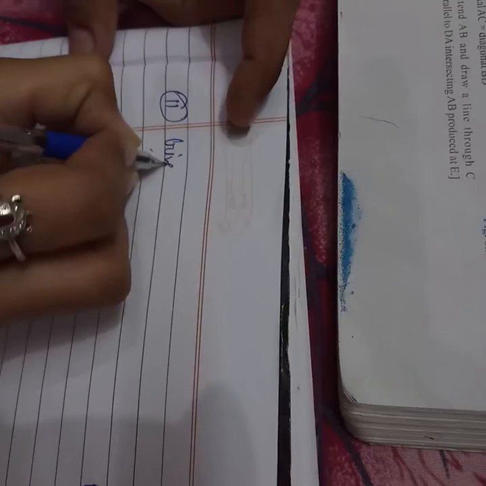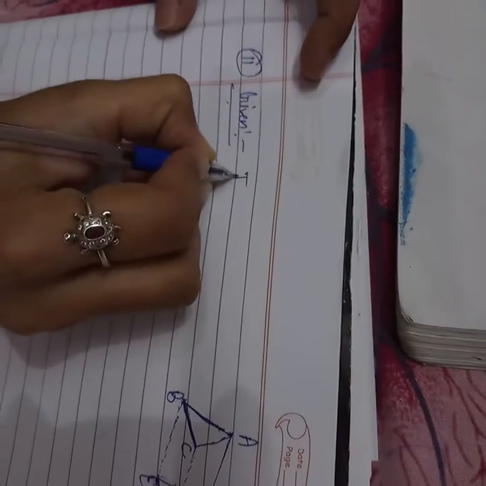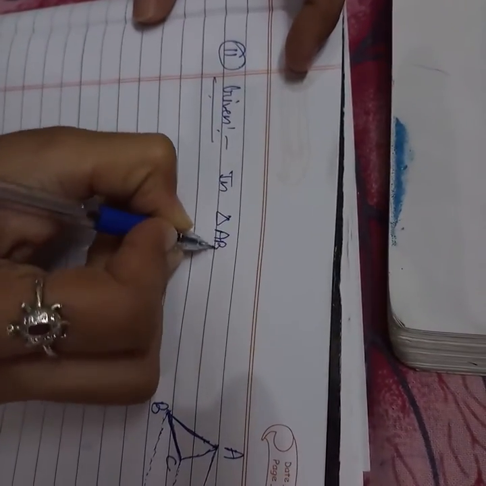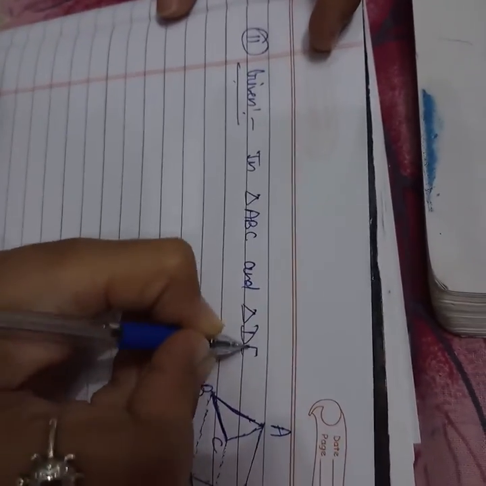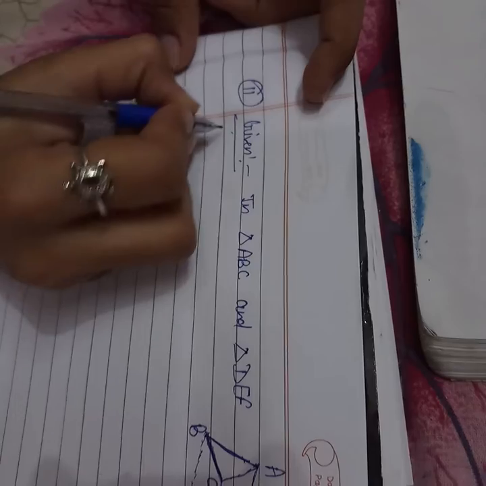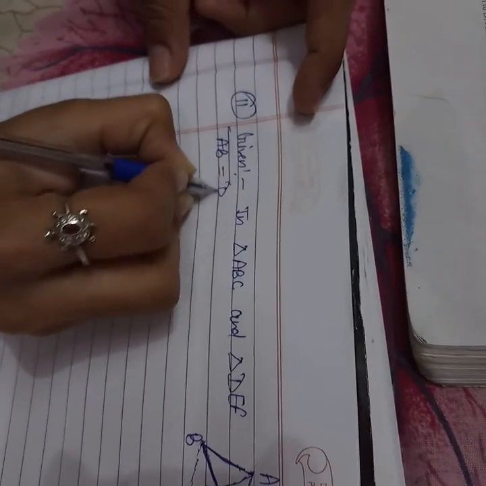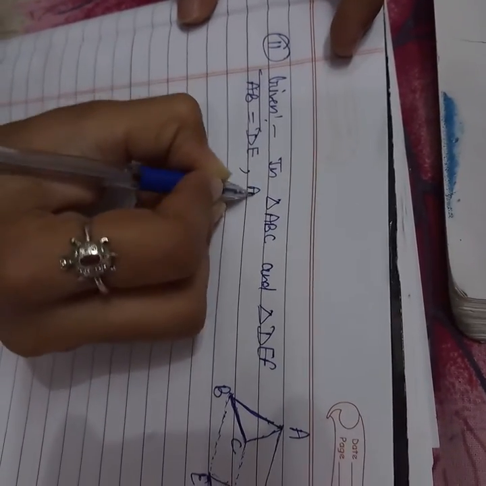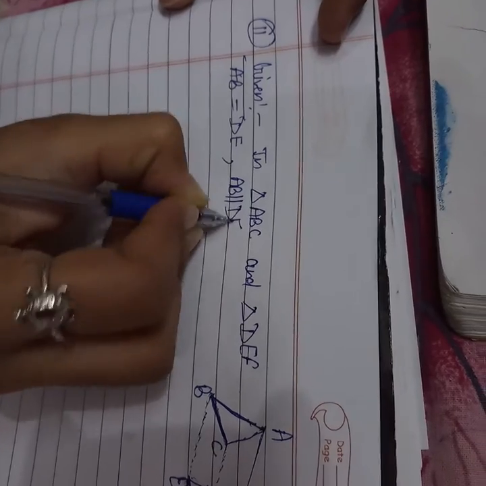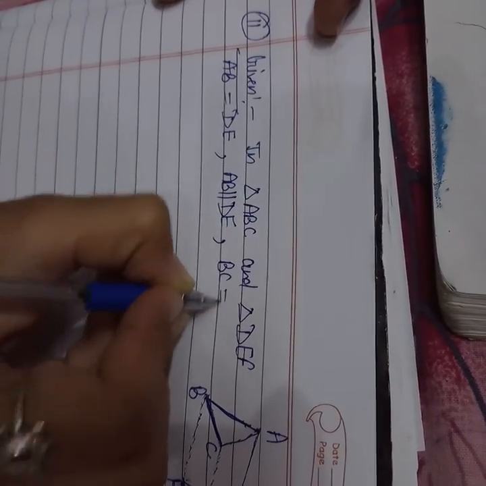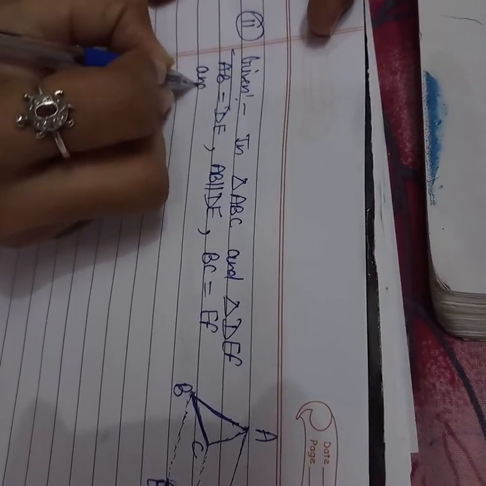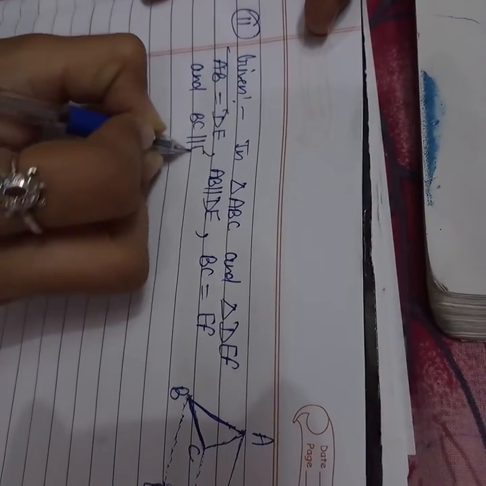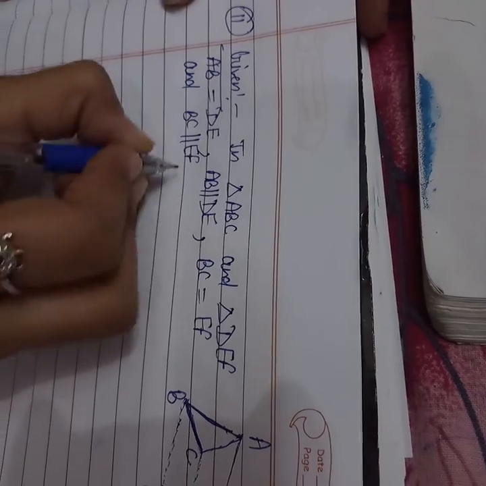Now given, in triangle ABC and triangle DEF, AB equals to DE, AB parallel to DE, BC equals to EF and BC parallel to EF.